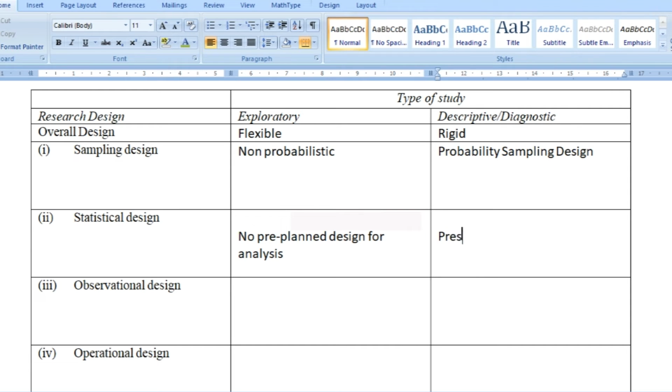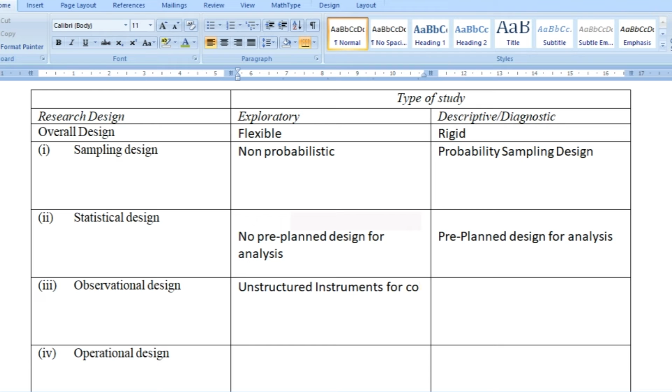However, we have a pre-planned analysis when we take into account the descriptive or diagnostic research design. Further, unstructured instruments for data collection are used in research design with respect to the exploratory method.